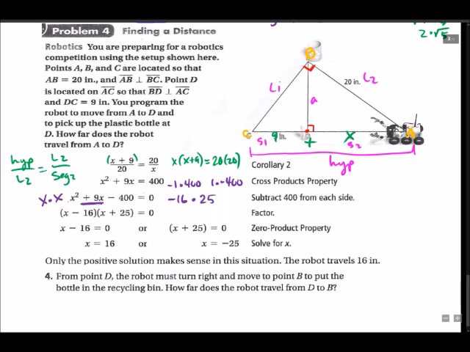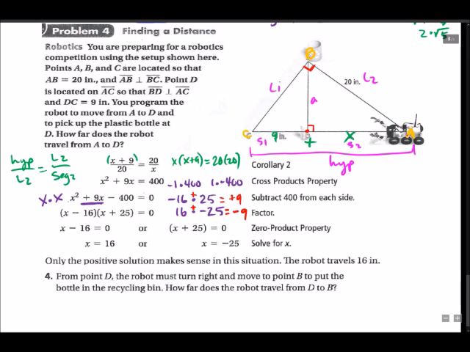We also could have had a positive 16 times a negative 25. Both of those, if you multiply them, make negative 400. If we add them, they're both going to make some version of 9. We need a positive 9. This one makes a plus 9.